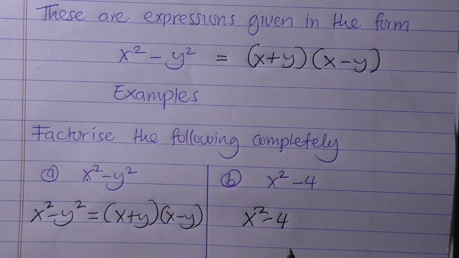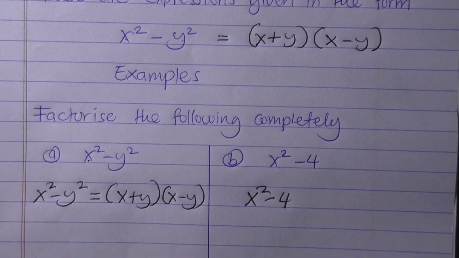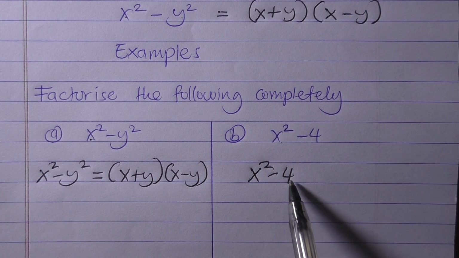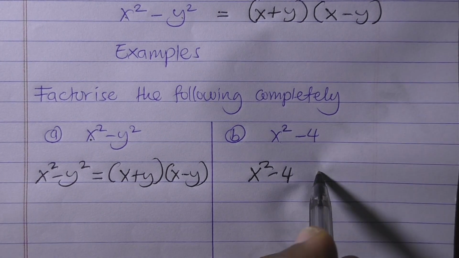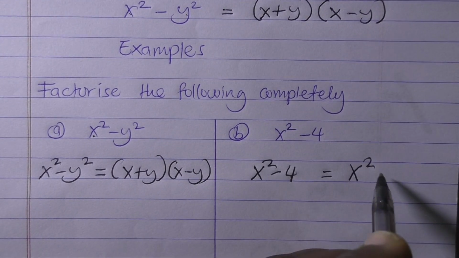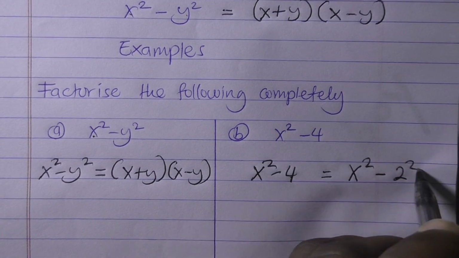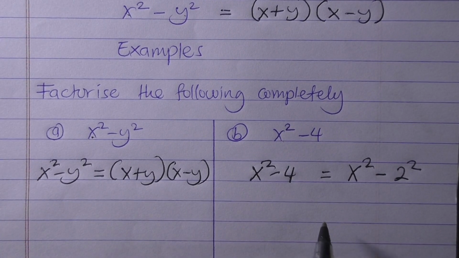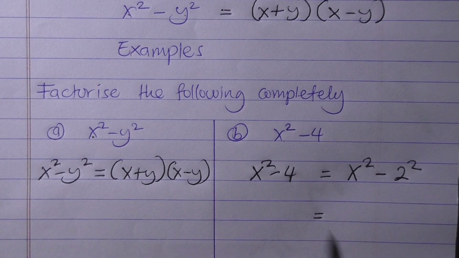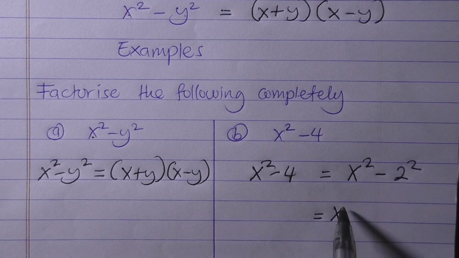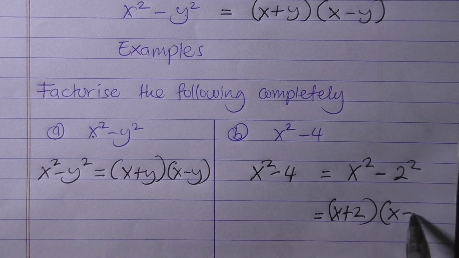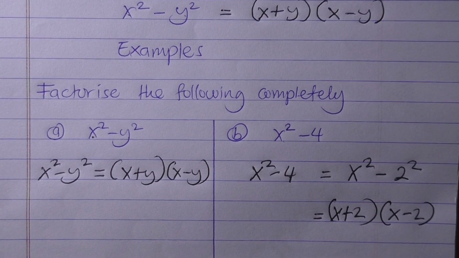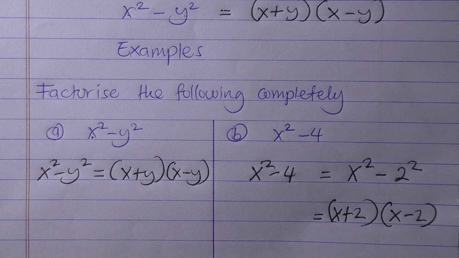Since it is a difference of two squares, we must find the means of changing a 4 to a square. So this is the same as x squared minus 2 squared, since 4 is 2 squared. And now that gives us x plus 2 times x minus 2 as our final expression for that.